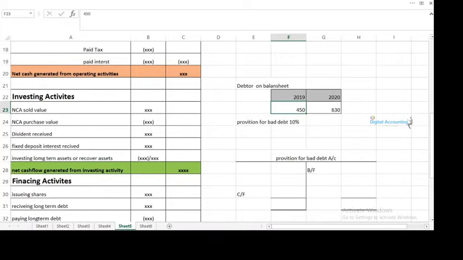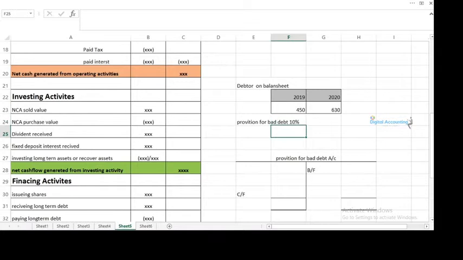Even for non-current assets, the depreciation is also deducted if it is an on-balance-sheet value, same as that. So you can see this debtor balance of 450, where the 10% is deducted.